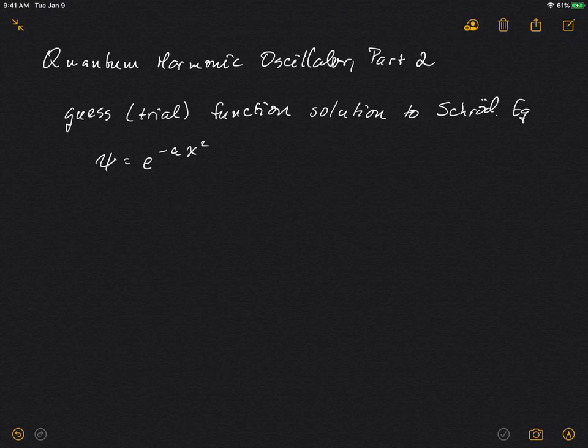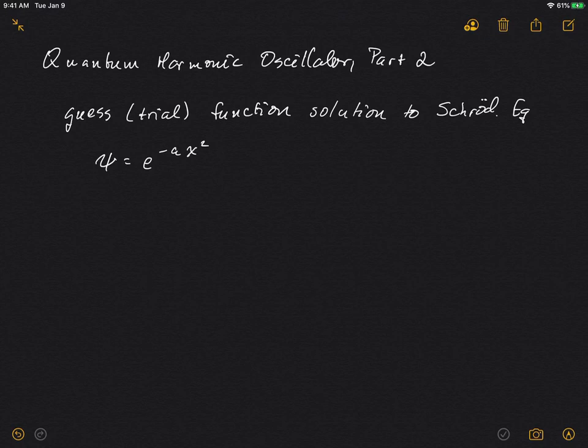So we end up with this Schrodinger equation that has the second derivative term, and it also has an x squared term that results from the Hooke's law type potential, the parabolic Hooke's law potential.